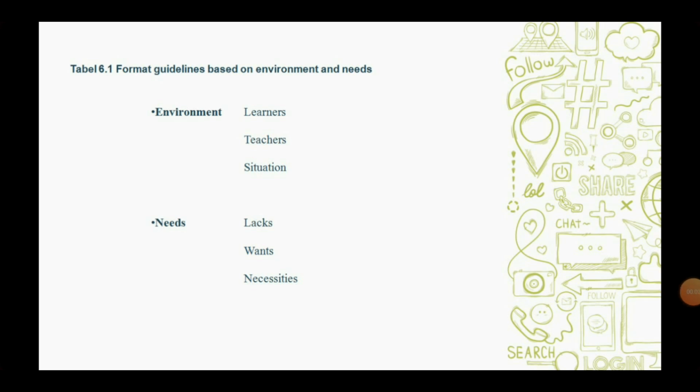And then necessities is the kind of activity that should be useful to the learners in their future use or future learning of the language. For example, knowing how to write or knowing how to negotiate.